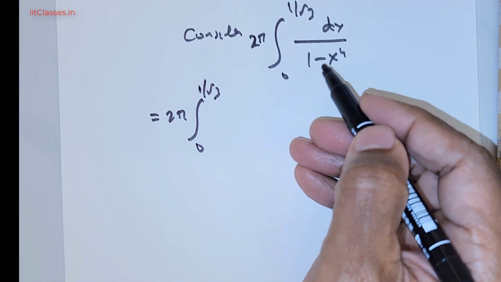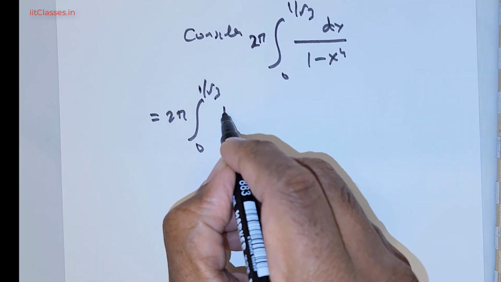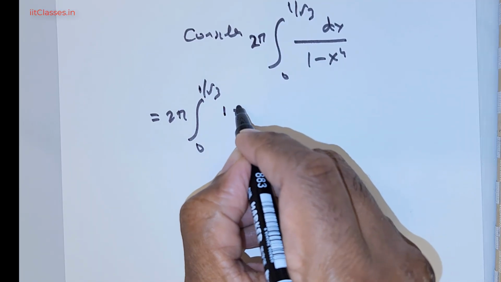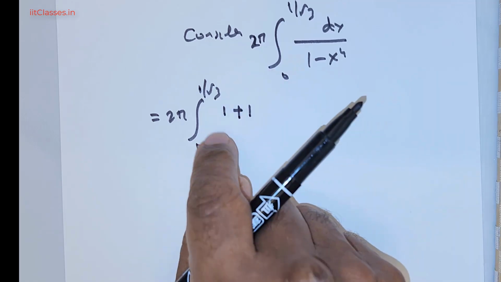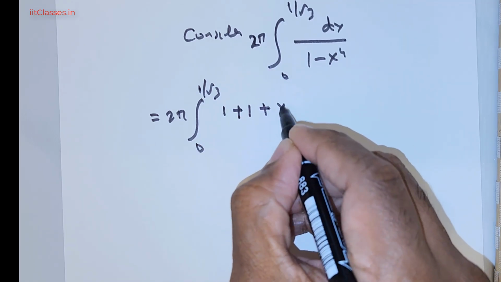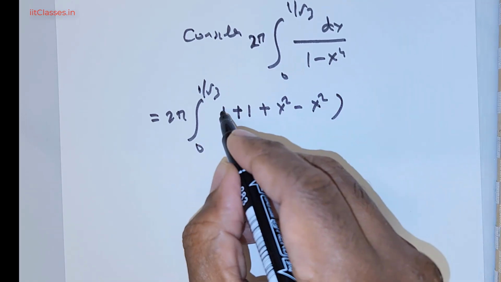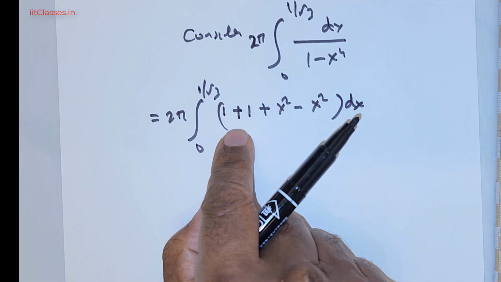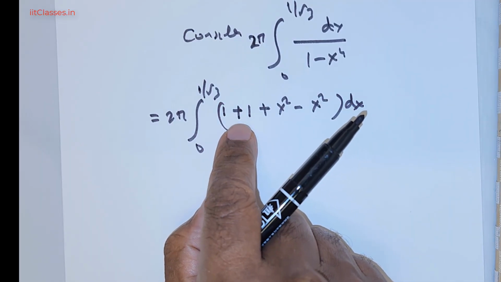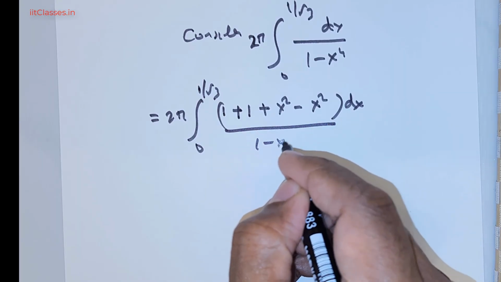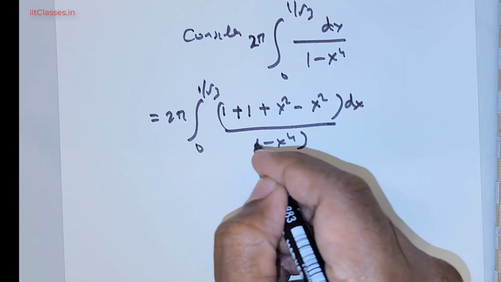Now can I rewrite this as 1 plus x squared minus x squared times the dx, so already there is an addition of 2 there, divided by 1 minus x raised to the power 4.